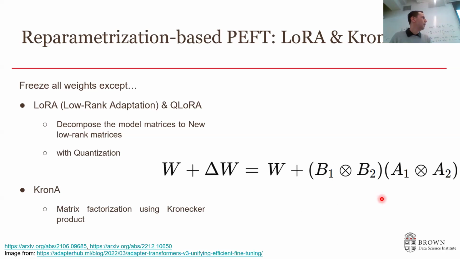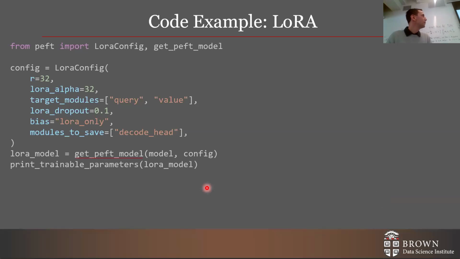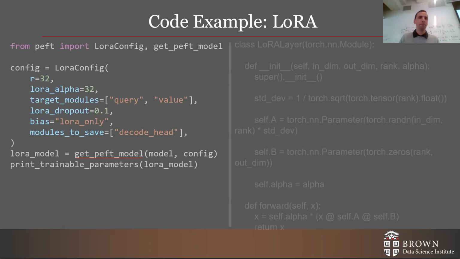But the idea in the end is just to train small matrices that will have the same size as what we would train in fine-tuning. It's already implemented in a library called PEFT, parameter-efficient fine-tuning, and you can just set a LoRA configuration. The rank is the main parameter. Other things come into play, but this is the main idea.